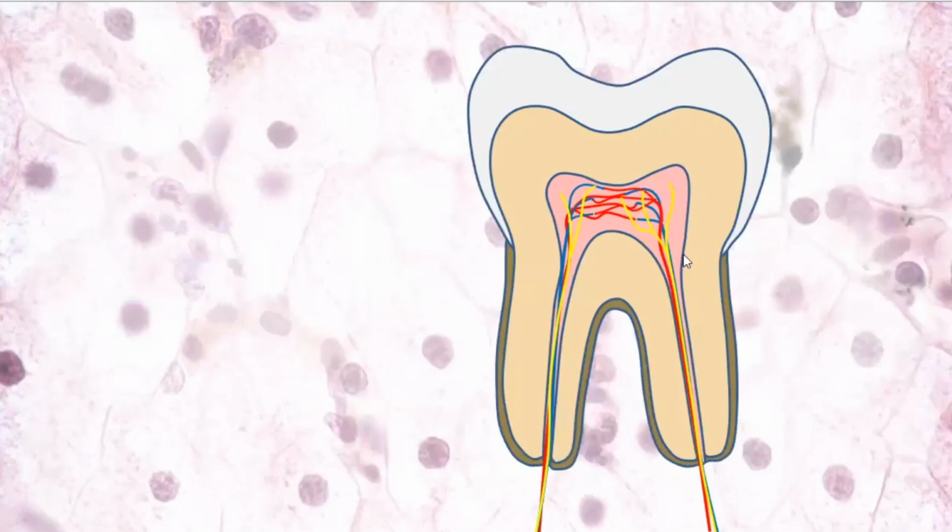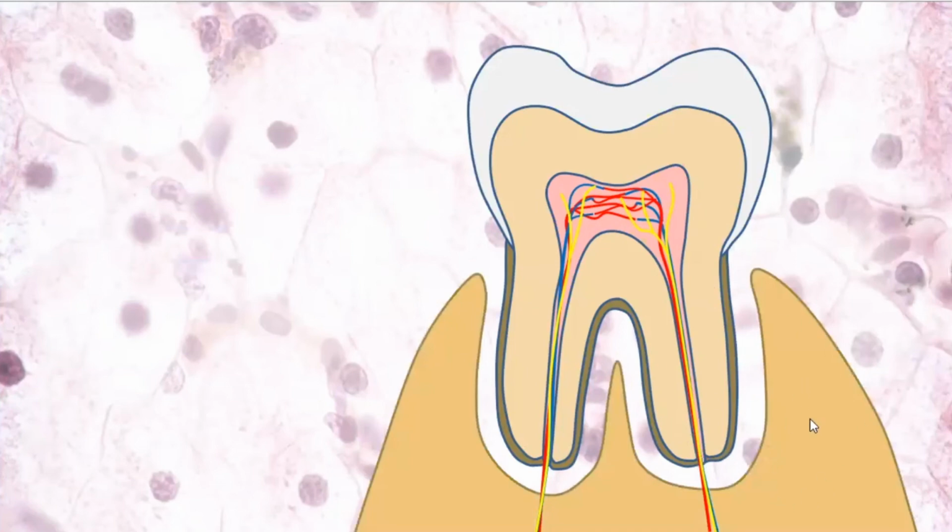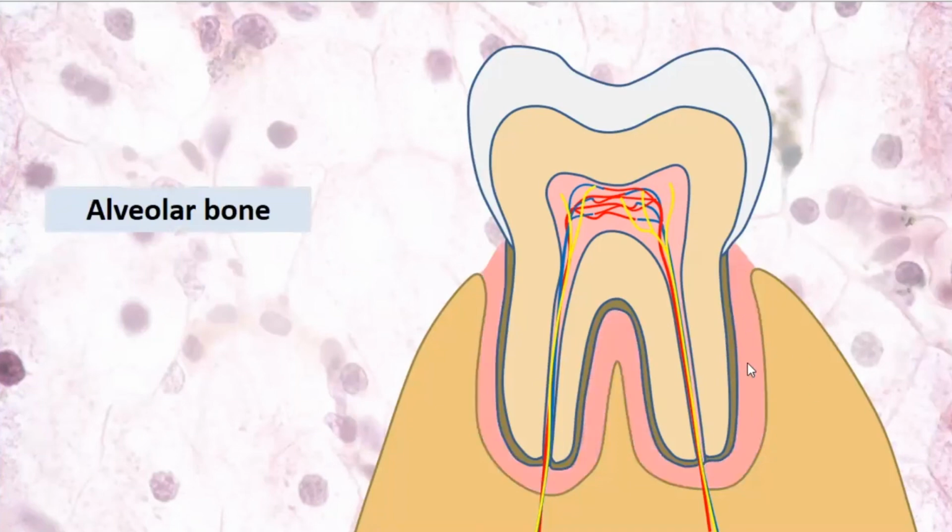So here we can see the tooth, and it's maintained by some structures. First of all, it's bone, the alveolar bone. Next, it's the ligament, the bone ligament. It's connective tissue which contains collagen fibers, and those fibers are perforating.